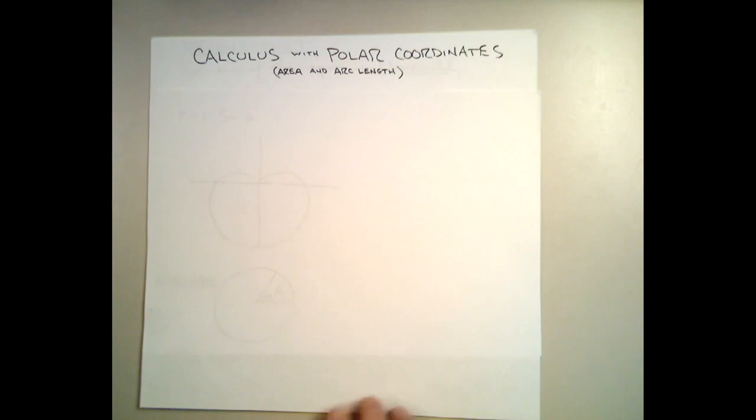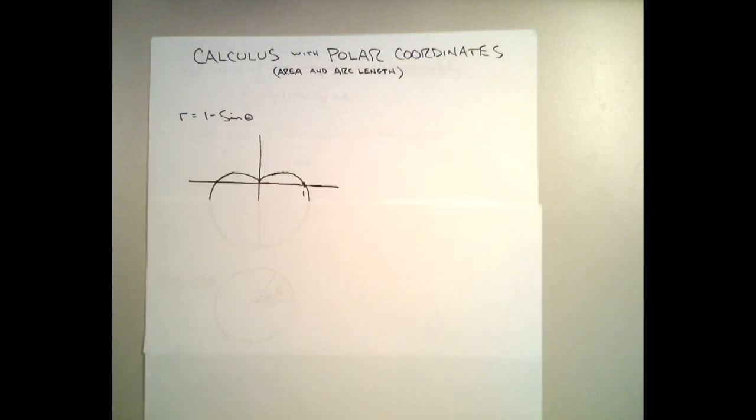So we've spent some time discussing the polar equation r equals 1 minus sine theta. And here's the graph that we wound up building after a little bit of careful analysis.